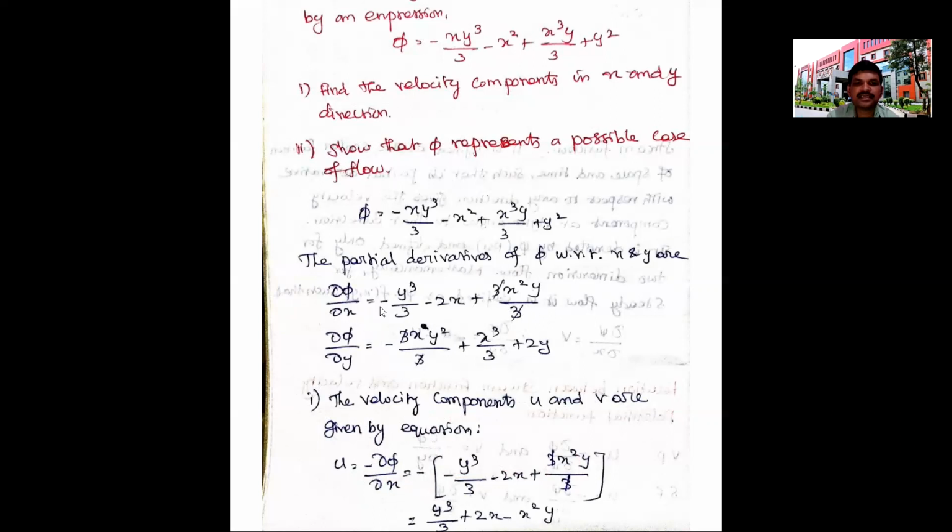One more minus term is there, so put minus outside the bracket and substitute this value. If minus comes inside the bracket, this turns into plus, and this also turns into plus, and this value turns into minus. This 3 gets cancelled. So the final answer is y cube divided by 3 plus 2x minus x square y.